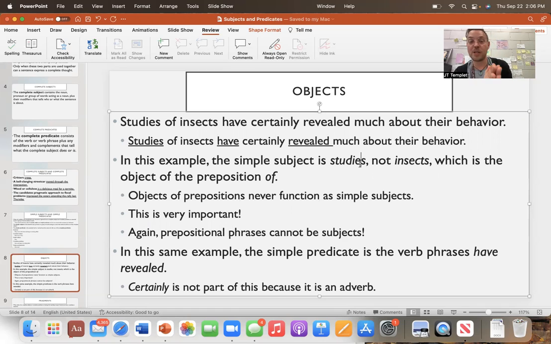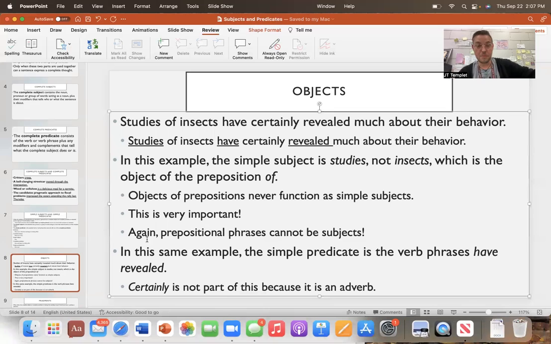Anything that is the object of a preposition, that follows behind a preposition, that whole prepositional phrase can be part of the complete subject. It can never, ever be a simple subject. I have to say it again. Prepositional phrases, any part of it, the object, the preposition itself, can never be the simple subject.